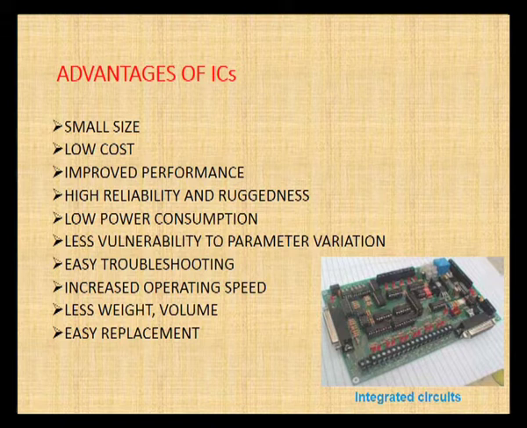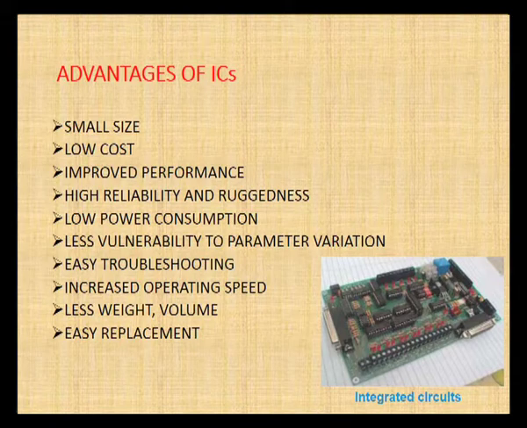As we know, today the world is moving towards low power electronics, and the consumer demand is only for electronic devices which use less power. That is why we use ICs, because of low power consumption and less vulnerability to parameter variation. Also easy troubleshooting, increased operating speed, less weight and volume, and easy replacement.